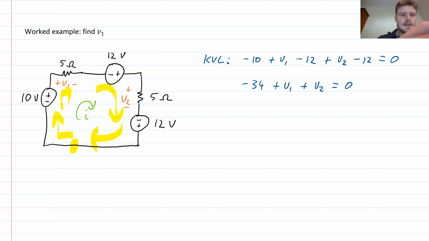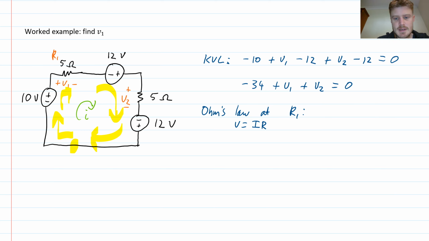So let's use Ohm's law at the first resistor. I'll call it R1. So Ohm's law at R1: my current enters the positive terminal, so I write V equals IR with a positive sign.